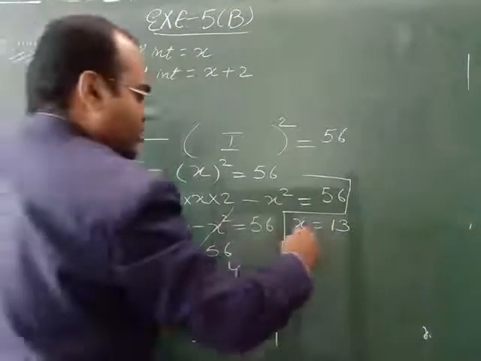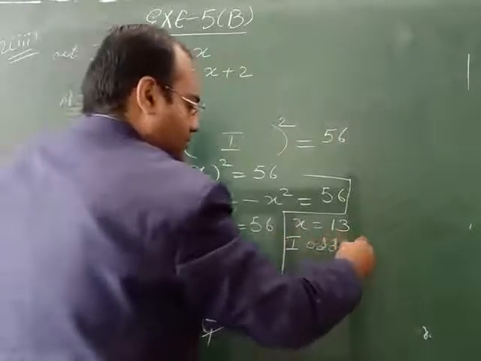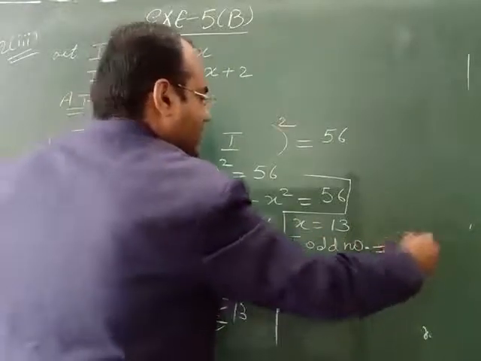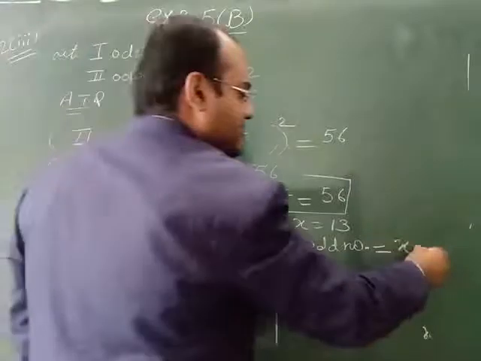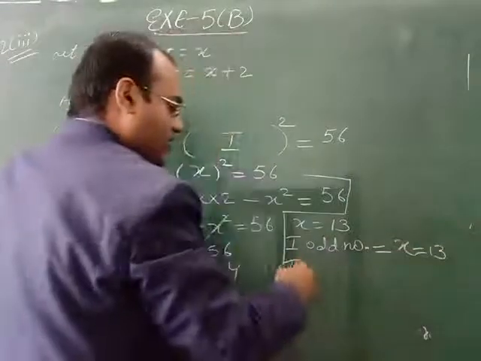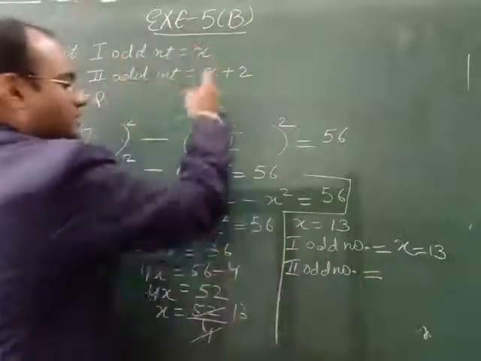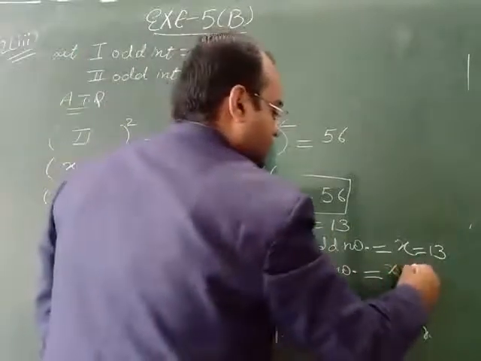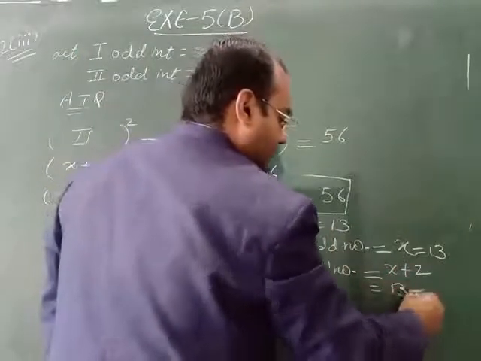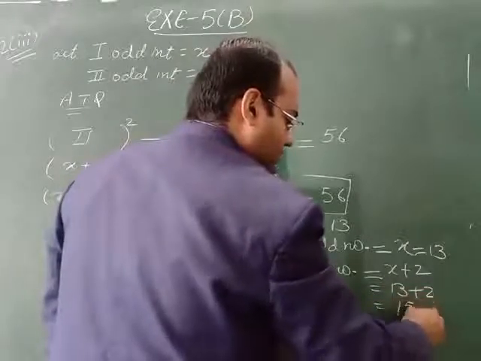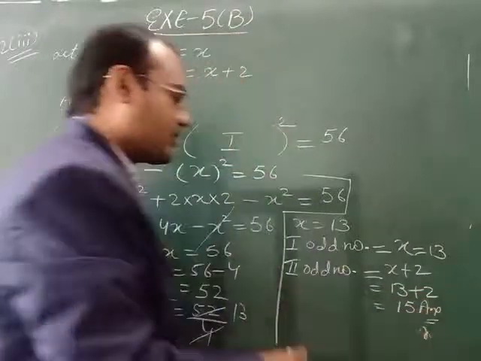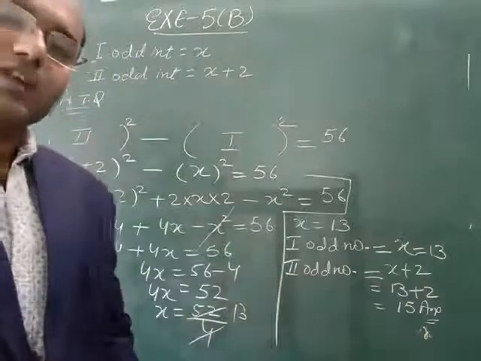So the first odd number is x, and the answer for x is 13. The second odd number is x plus 2. 13 plus 2 is 15. So 15 is the answer. Like this you have to do question number second.